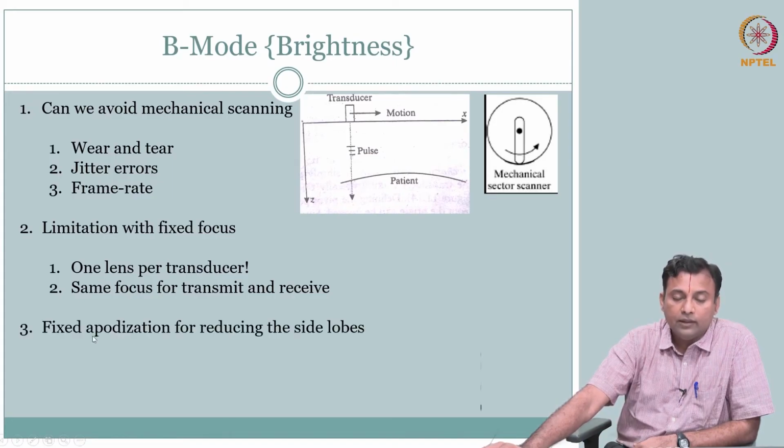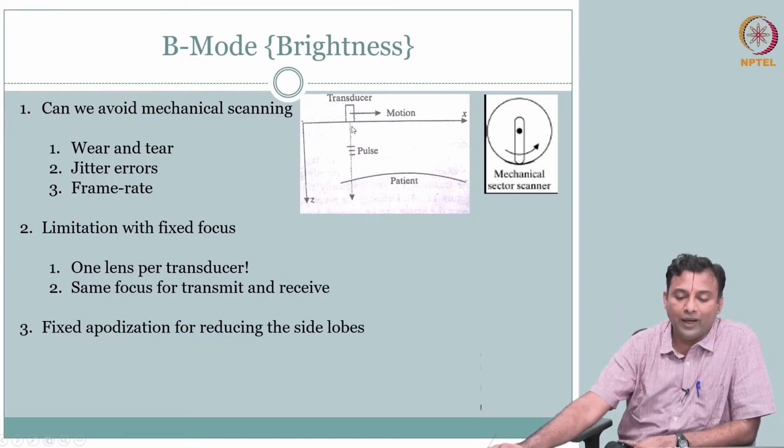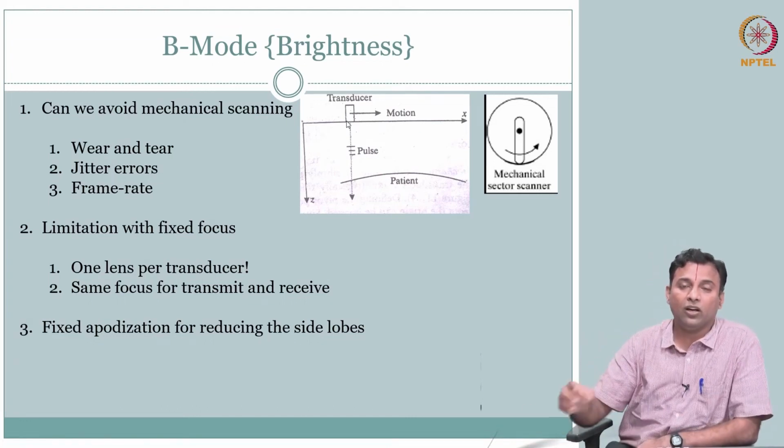Of course, another aspect was your side lobe reduction, right? We talked about having apodization. So in front of the transducer, why give the same weight to the center and the edges? You want to give more weightage to the center, and as you go away from the center of the transducer towards the edge of the face, you want to have a smooth, Gaussian taper, we talked about that.